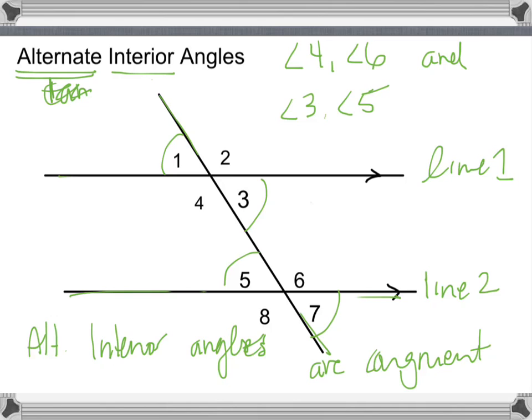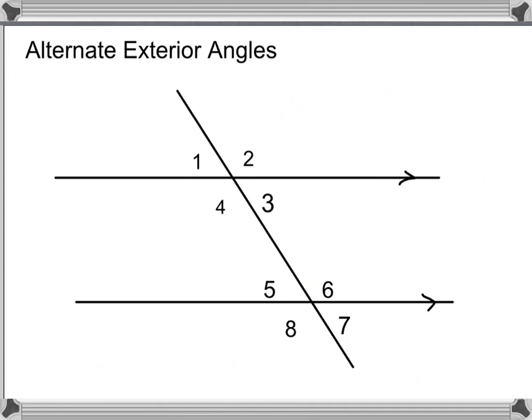We also know that 2 and 4 are congruent because they are vertical, and 4 and 8 are congruent because they're corresponding, and 6 and 8 are congruent because they are vertical. Now look, 3 and 5 are congruent, and angle 4 and angle 6 are congruent. So 3 and 5 are alternate interior, and so are 4 and 6.